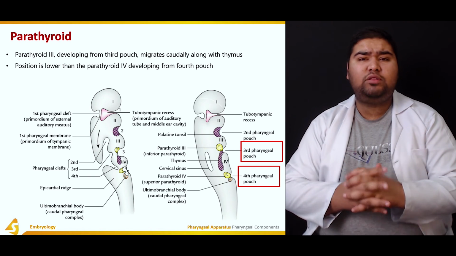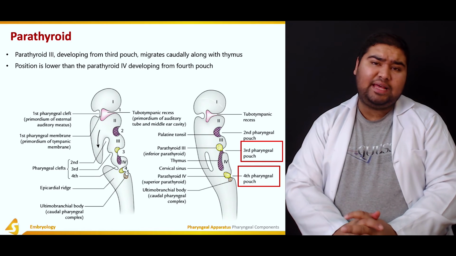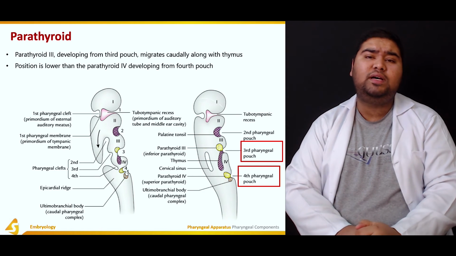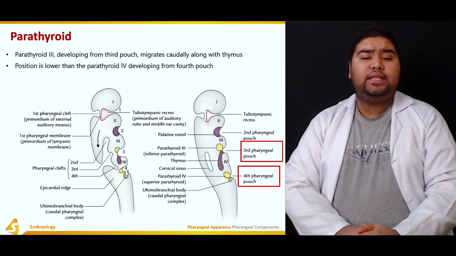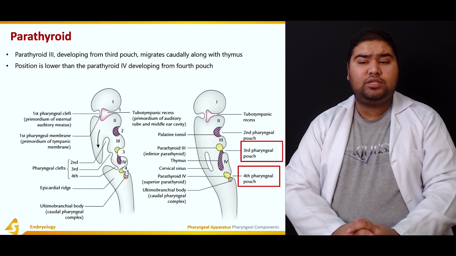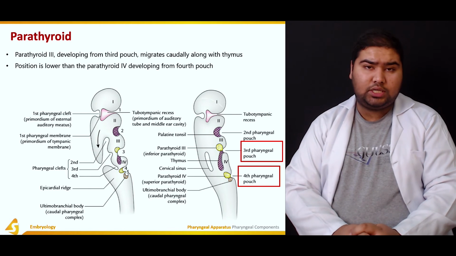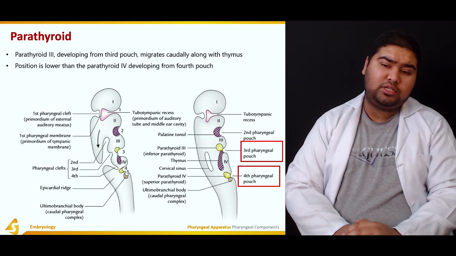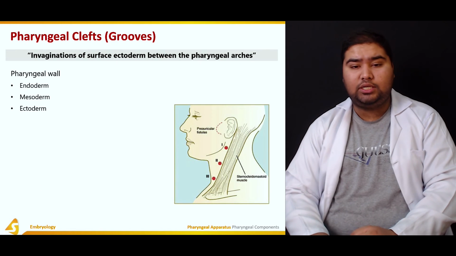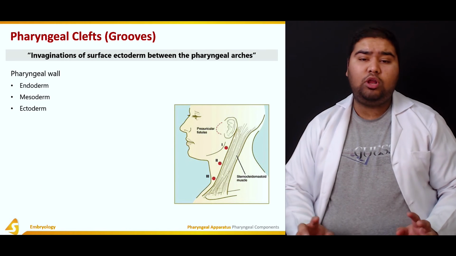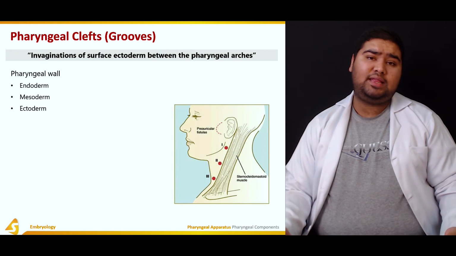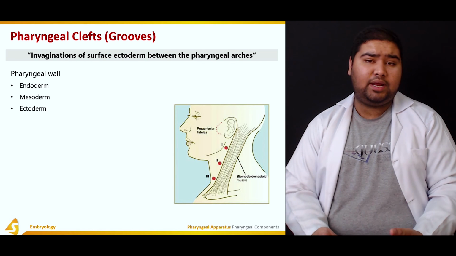Now let's talk about the pharyngeal clefts. Pharyngeal clefts lie towards the outside of the pharyngeal arches. They are invaginations of the surface ectoderm between the pharyngeal arches. The pharyngeal wall in these regions of cleft is very thin and consists of only a trilaminar disc.